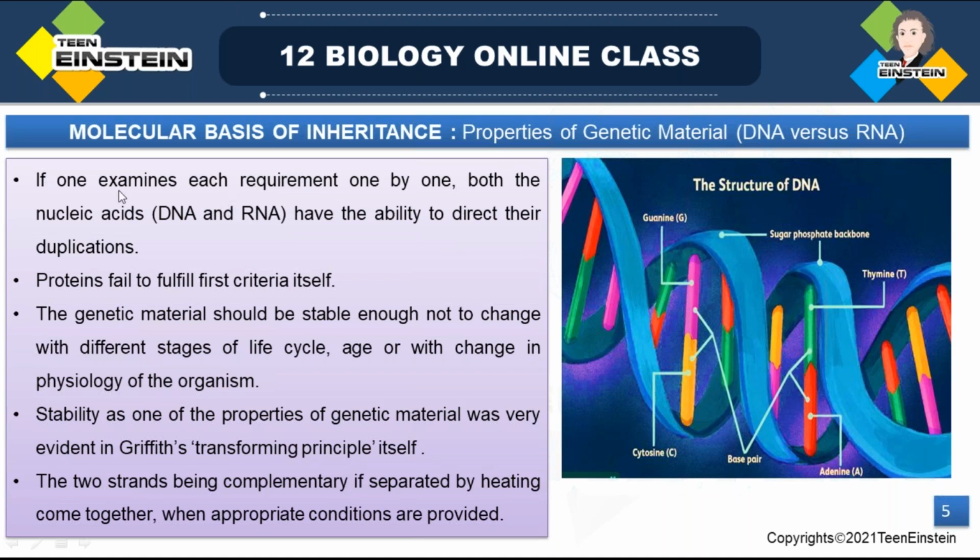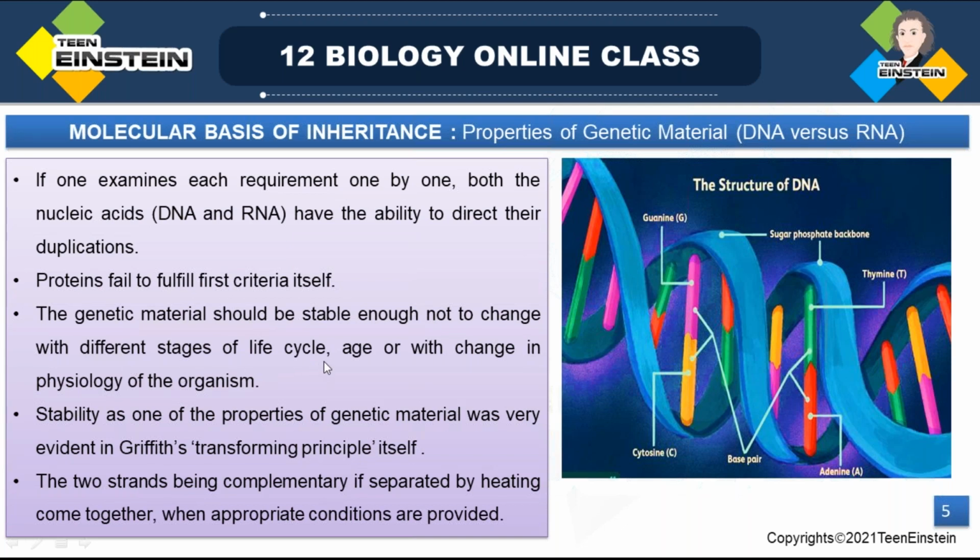Just check point by point. If one examines each requirement one by one, both the nucleic acids, DNA and RNA, have the ability to direct their duplications. And proteins fail to fulfill the first criterion itself. And the genetic material should be stable enough not to change with different stages of the life cycle.